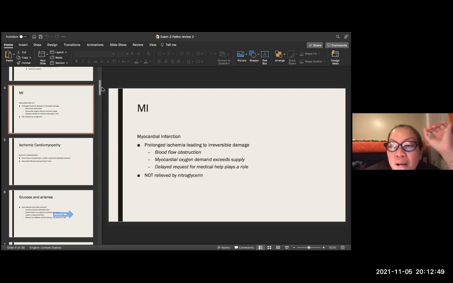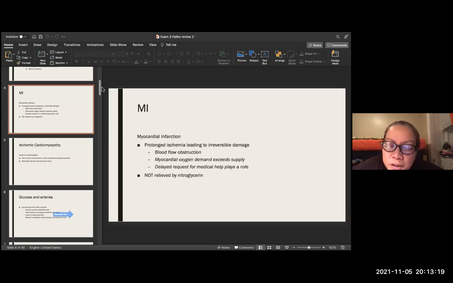And it leads to what? Irreversible damage. When you say irreversible damage, it means what's happening to the heart muscle. It will be damaged for good, right? So when the heart muscle is damaged for good, then there is already a pathology in the heart of the person. And why do you say there are reversible damage? There are reversible damage like a person will only have tiny stroke.